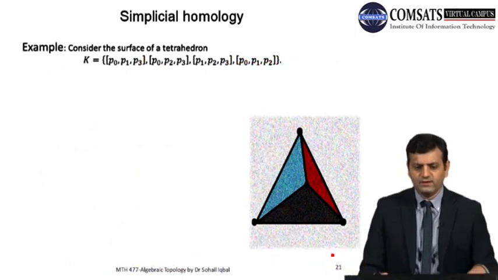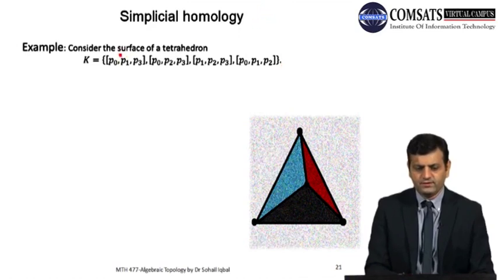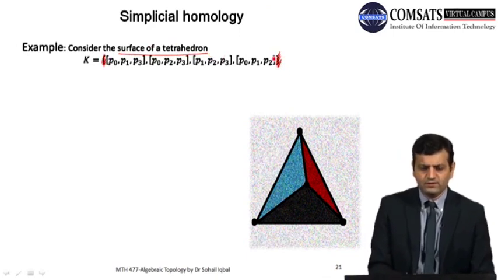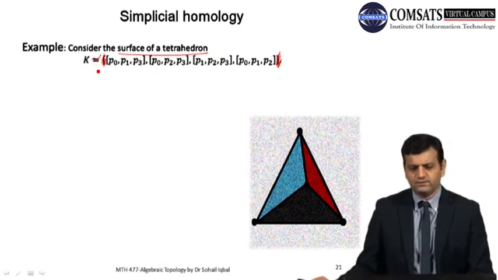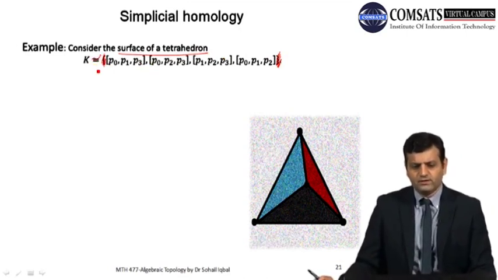Now let's consider another example, the surface of a tetrahedron. Okay, so a surface of tetrahedron as a simplicial complex, of course it will contain other elements as well. So this is a rough description. So we consider this surface of tetrahedron as a simplicial complex, and we can calculate the simplicial homology of this simplicial complex.